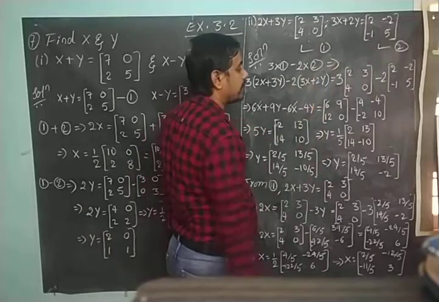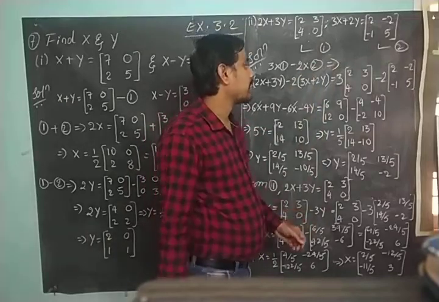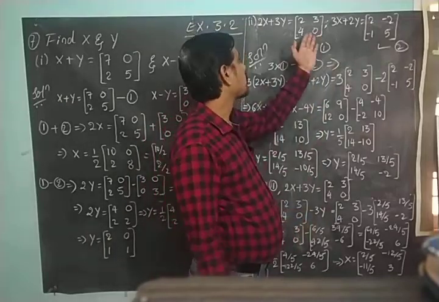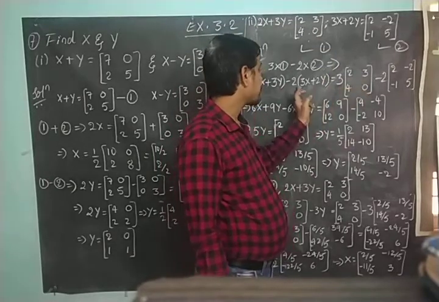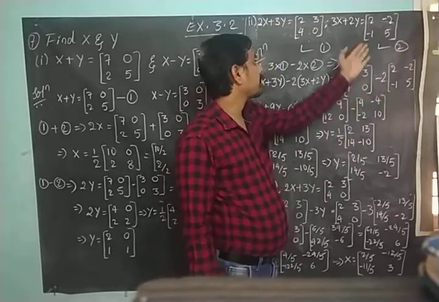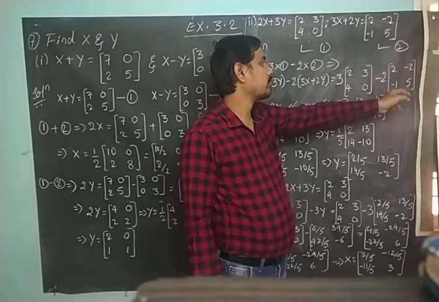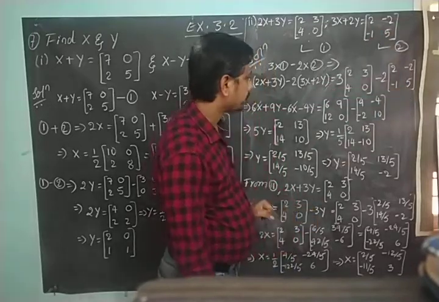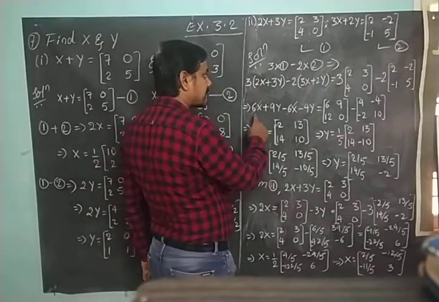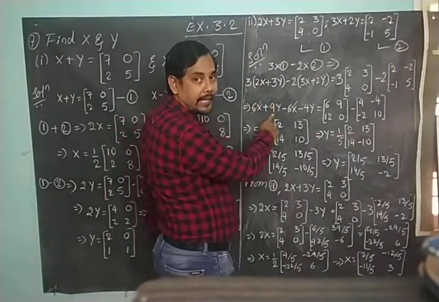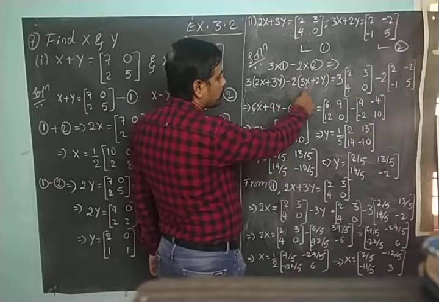3x plus 2y. That will be equal to, what will be in the RHS part? 3 into equation 1, 3 into 2340, minus 2 into what is equation 2? 2 minus 2 minus 1, 5. Okay. Now what is 3 into 2x? 6x. 3 into 3y? 9y. Minus 2 into 3x?